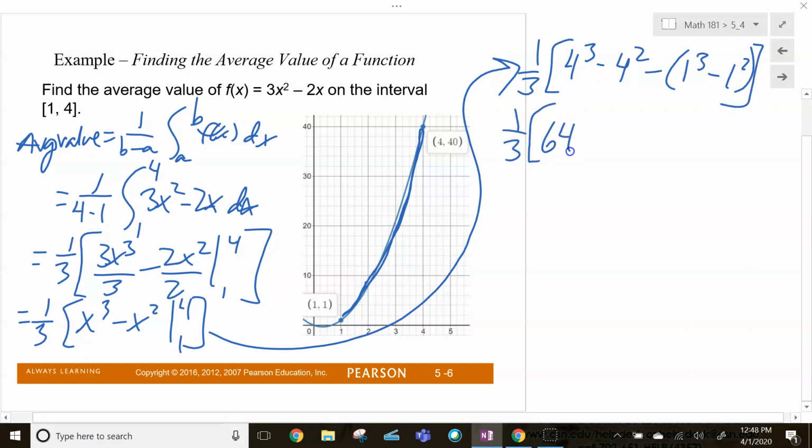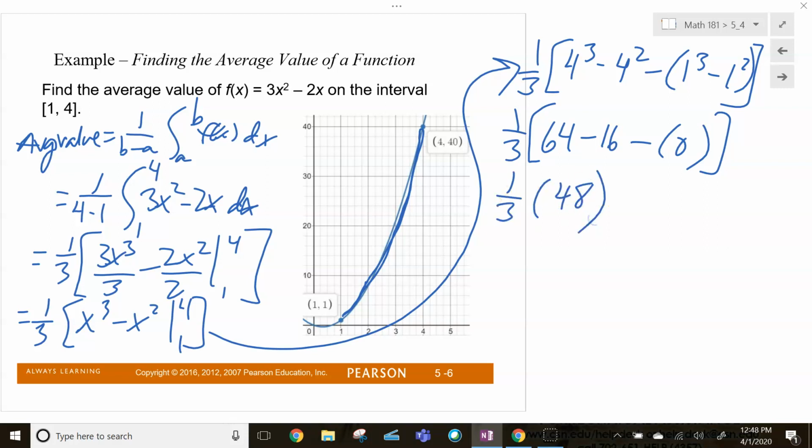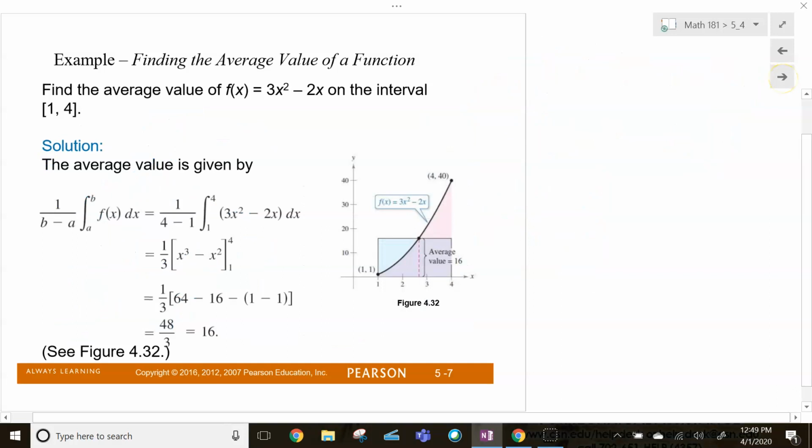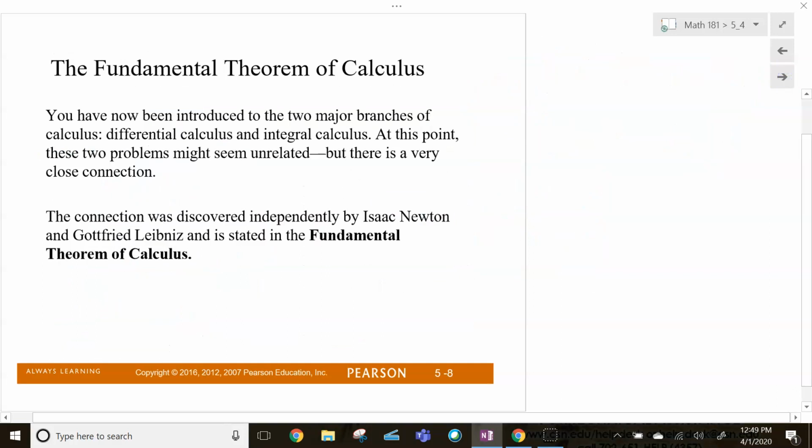What's that? 64 minus 16 minus, and that's 0. And so we've got a third of 48, so we end up with 16. So it looks like 16 is the average value of that function over that interval. That's just showing you there.